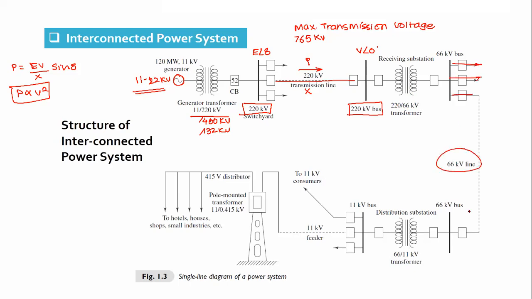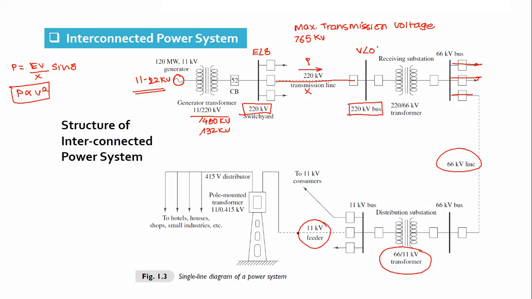So this is a 66 kV line terminating at a 66 kV substation. Okay, so it is a 66 kV substation here, which we call a distribution substation generally, where 66 to 11 kV is stepped down, and this is called the line.